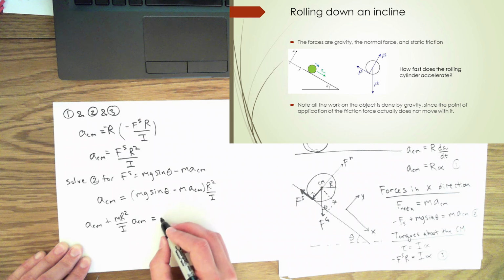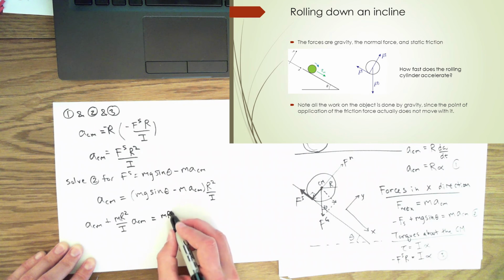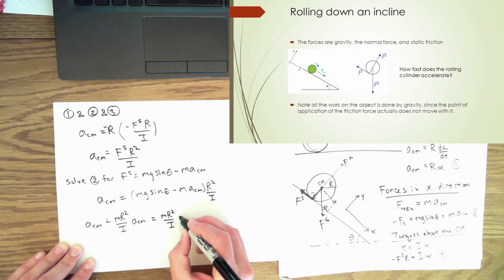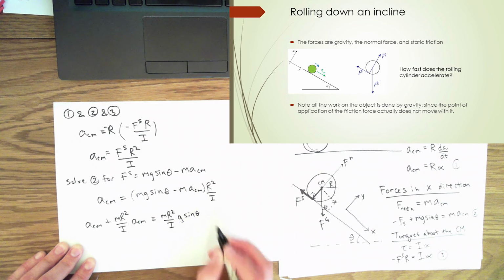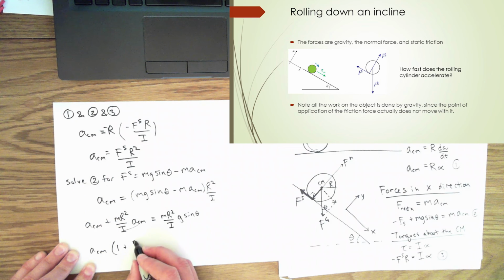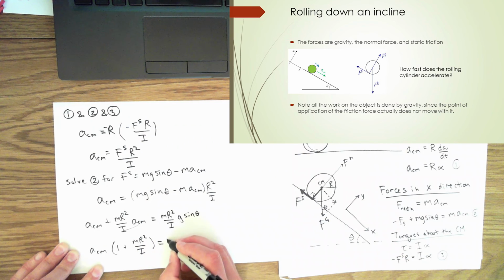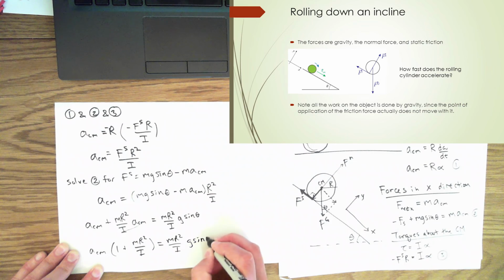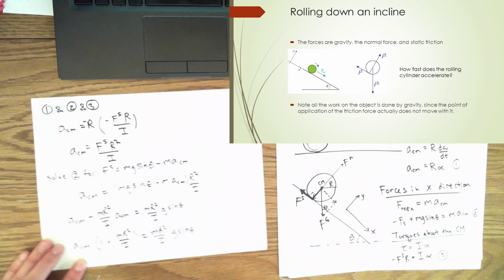And the m r squared over I g sine theta term stays on the right-hand side. So a_CM, factor that out of these two pieces. We're almost there.